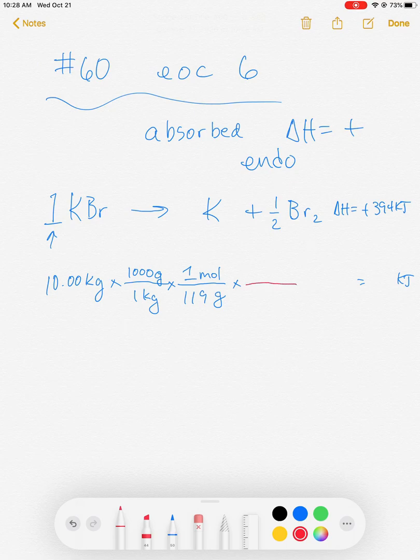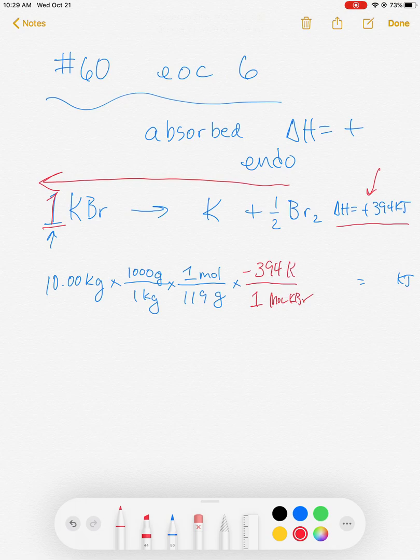So 1 mole of KBr gives you 394 kilojoules. But this time, we're actually running this equation the opposite direction. And when you do the reaction the opposite direction, delta H's sign is automatically switched around backwards. So negative 394 kilojoules.